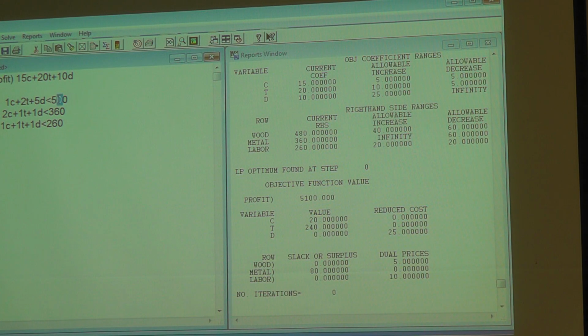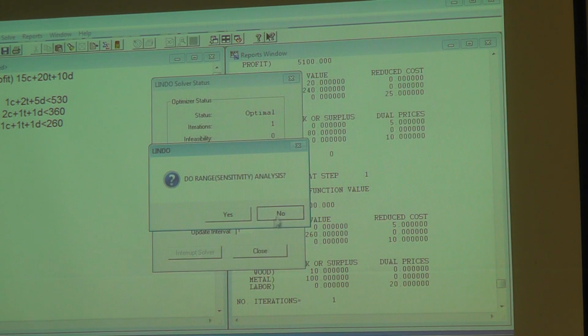Of course, if you add too much wood, you will get some slack wood, and other constraints will be pushed to their limits. So if you have quite a lot of wood, in fact, if you increase this amount of 480 by any amount which is larger than 40, so if I say increase it by 50, 480 plus 50 is 530, you would expect the basis to change. Let's see whether it does.